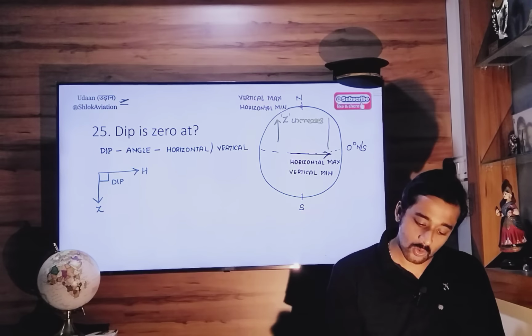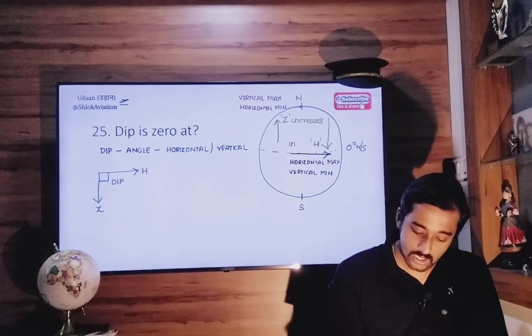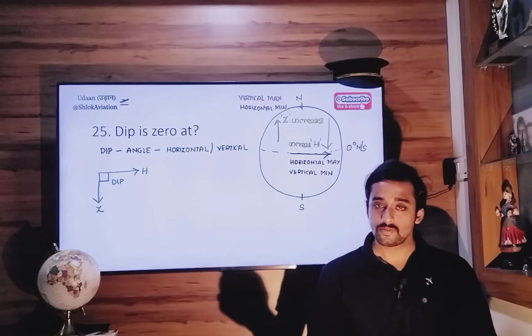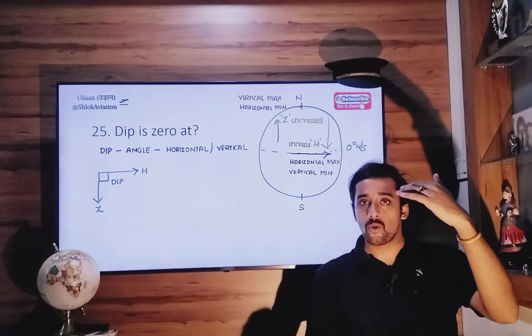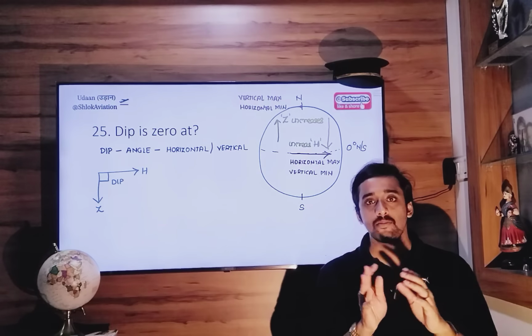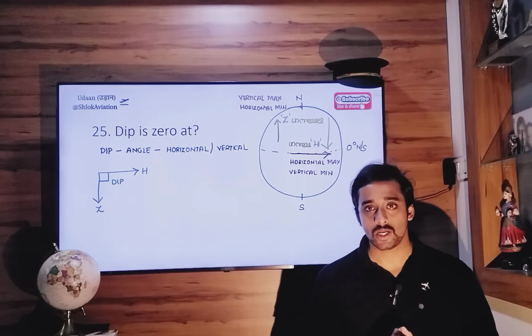When you come down towards the equator, horizontal component H increases. So as you go from equator to the pole or pole to the equator, there will be some angle between vertical component and the horizontal component.